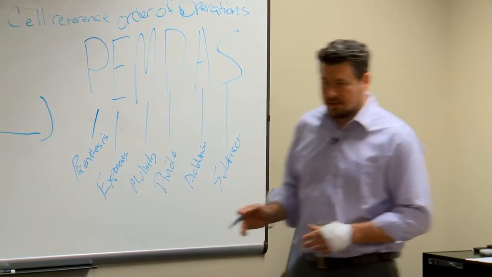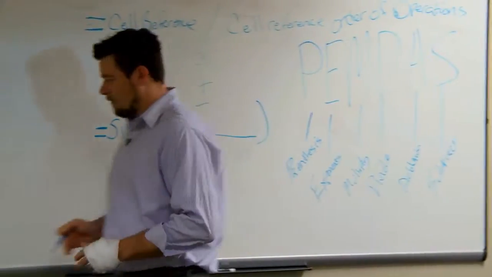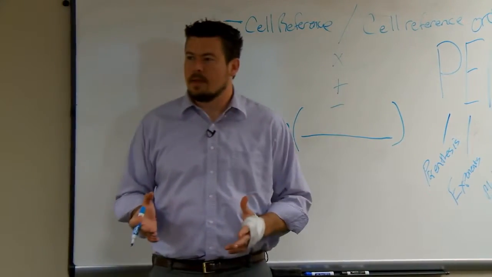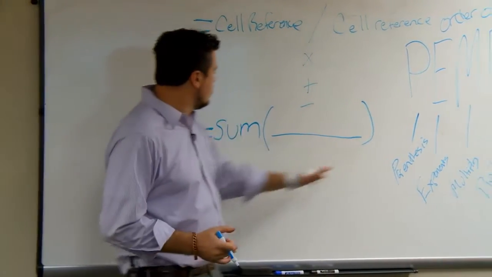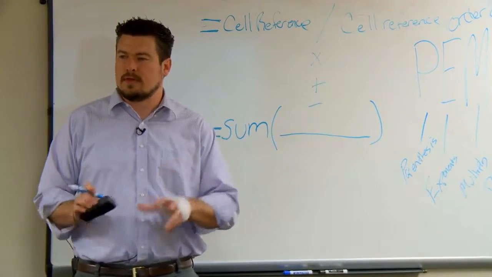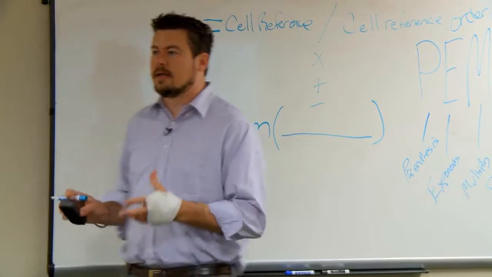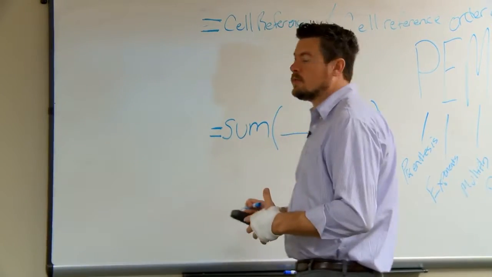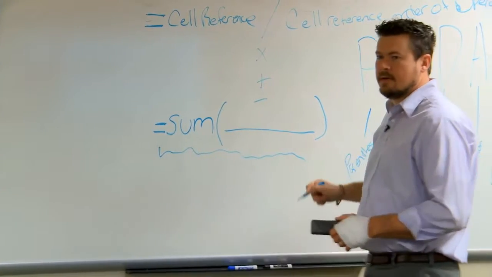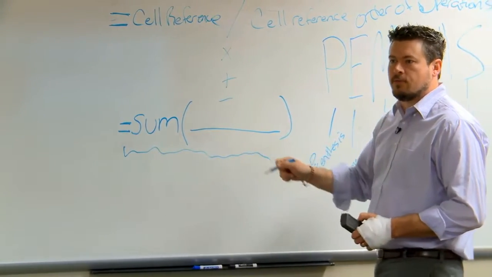So when we work with these, we know that parentheses is going to come first. We build in and we start, and this is why I like actually working with the equal sum function and getting into that habit, because when we get into the more advanced formulas, you're going to spend a lot of time building similar formulas.